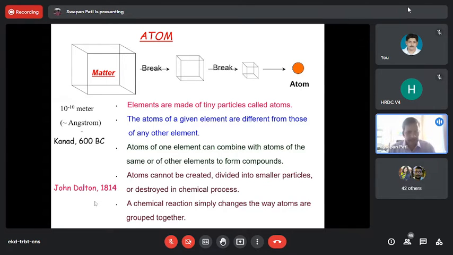But to us scientists, it was John Dalton in 1814 who defined what an atom is: atoms of a given element are different from those of any other element. Atoms of one element can combine with atoms of the same or other elements to form compounds. Atoms cannot be created, divided into smaller particles, or destroyed in a chemical process. That's what was known in 1814. A chemical reaction simply changes the way atoms are grouped together. A very simple definition of atoms and how they join to form molecules.